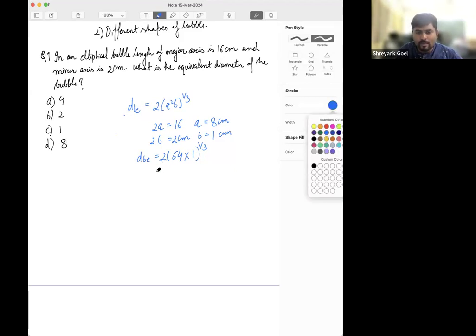The equivalent bubble diameter is 2 into 8 into 8, so this is 2 to the power 3 into 2 to the power 3. So it comes out to be 8 centimeter. So the correct option is this.